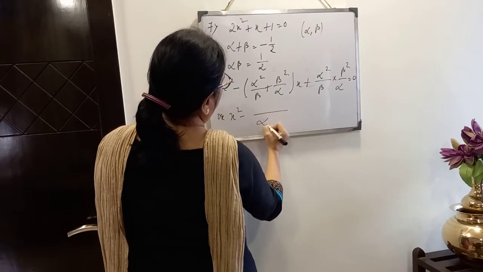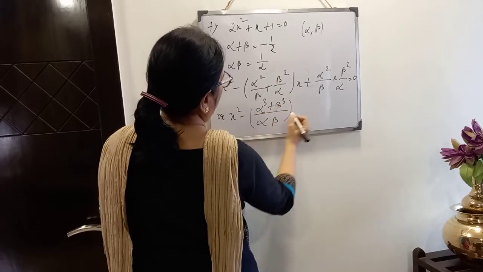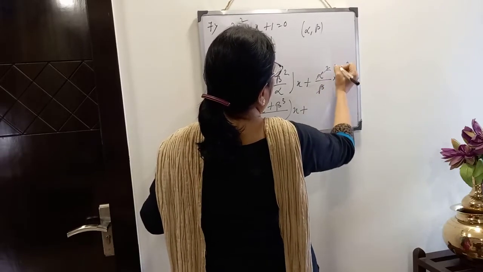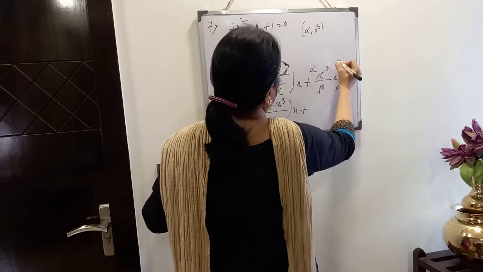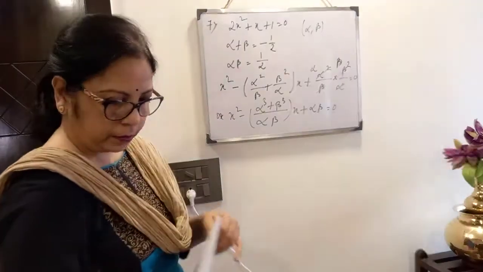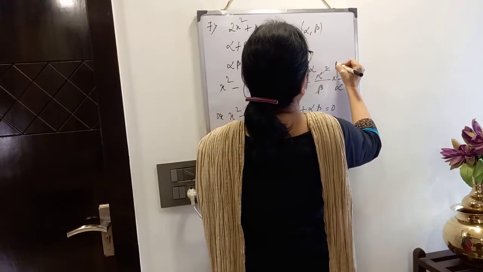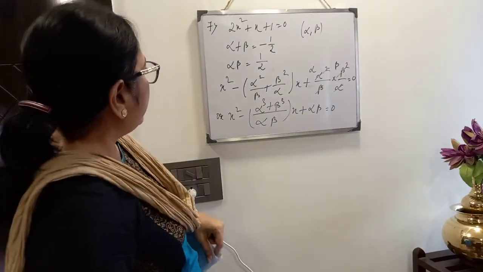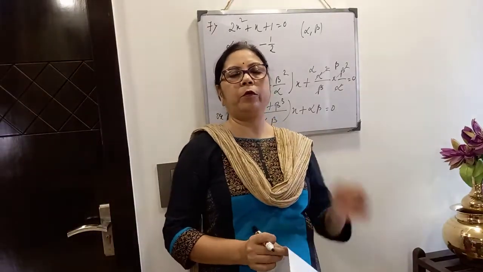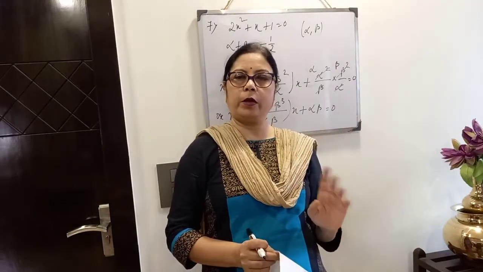Now take the LCM. If we cancel, we are getting this. Then again you see, the value of alpha cube plus beta cube we don't know. So what to do? We have to put the formula: a cube plus b cube means a plus b whole cube minus thrice ab into a plus b.